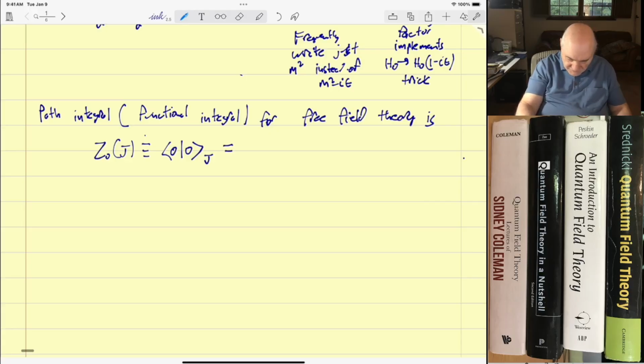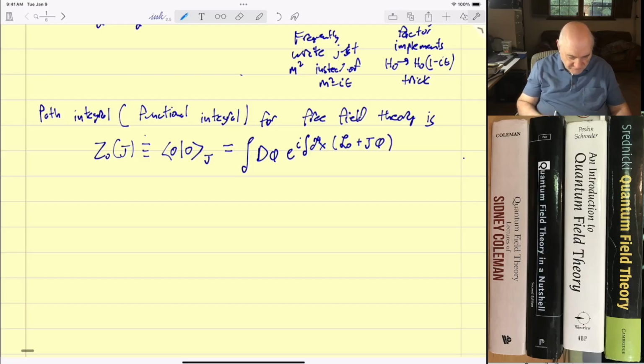And as we've learned in the previous chapters, it's the integral of d phi e to the i times the integral over all space-time of the free Lagrangian plus J phi. The J phi is a source term, and that will enable us to get some information.